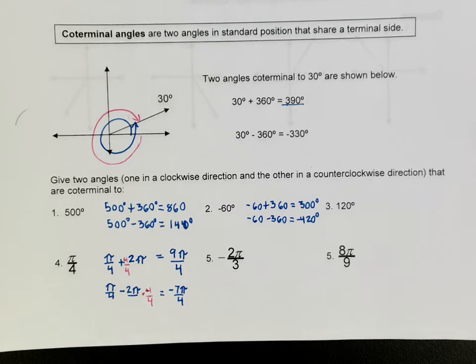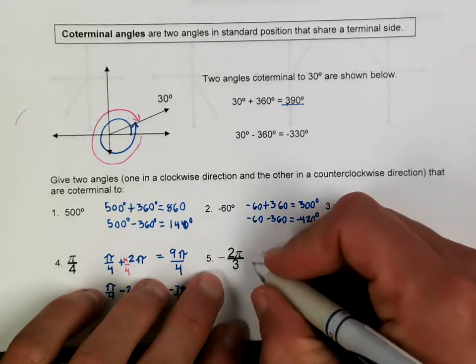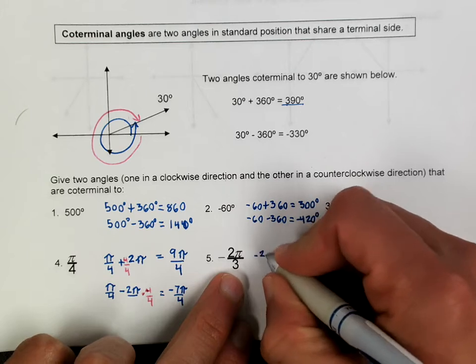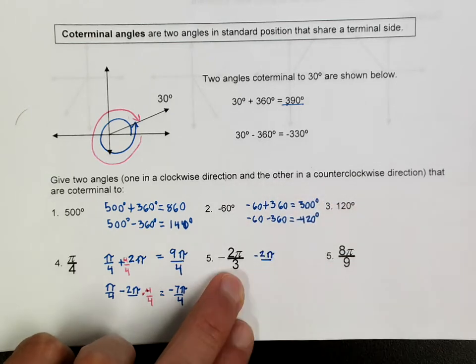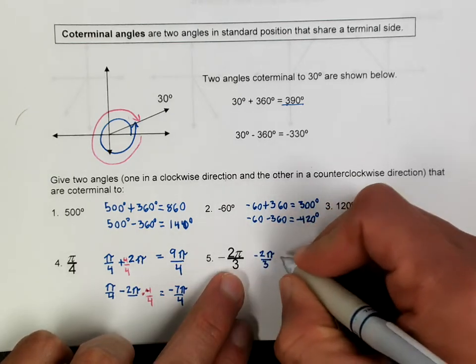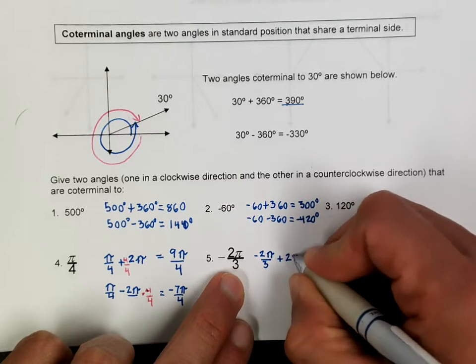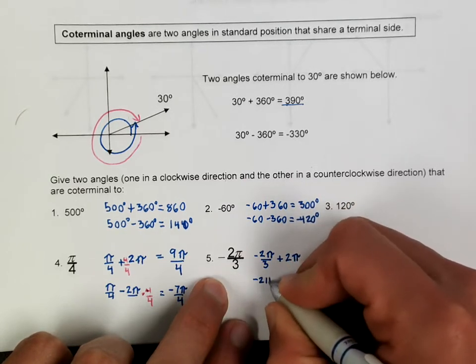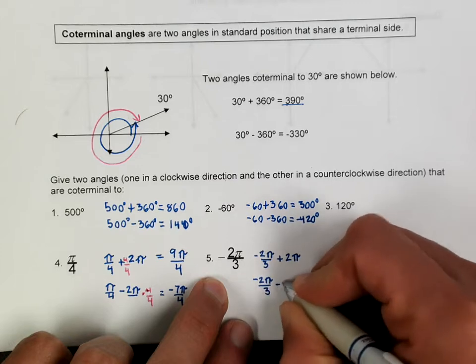Let's see, I'll do one more. I probably won't do number 5, but I'll do this one. To give two angles that are coterminal, all you do is add 2 pi and then subtract 2 pi.